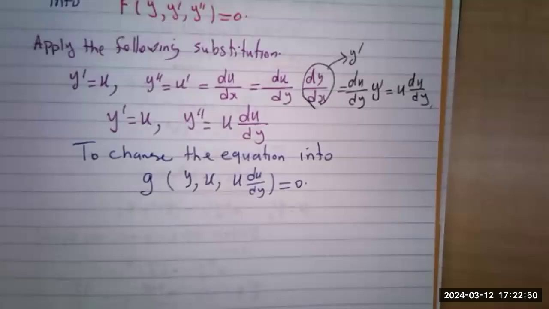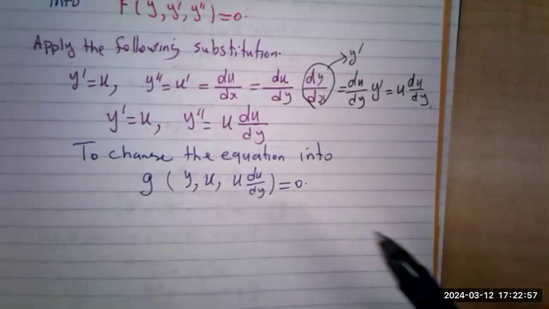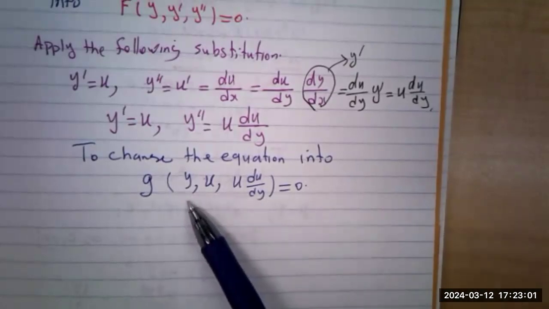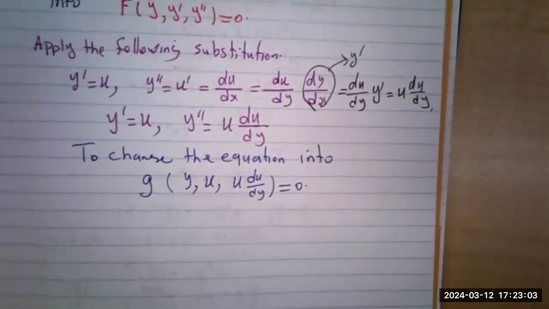So your u prime is just the derivative with respect to y, where the variable is y, with y, u, and u prime. Then you keep this notation as du dy, continue to find u, and come back.